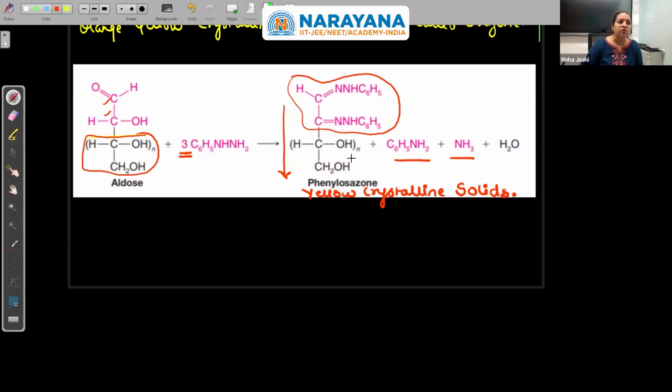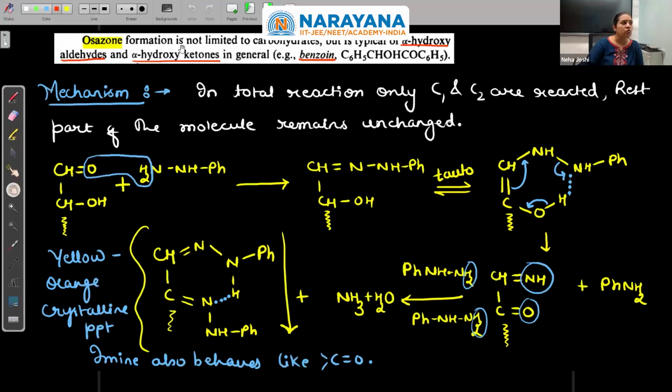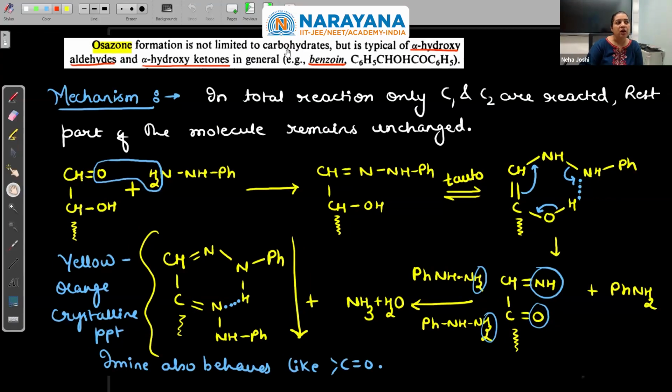So there is a formation of yellow crystalline solids, called osazones. Now, what are these osazones? Osazone formation is not limited to carbohydrates, but is typical of all alpha hydroxyaldehydes and alpha hydroxyketones. In general, even benzoin can give osazone formation. So it is a property of alpha hydroxy carbonyls.